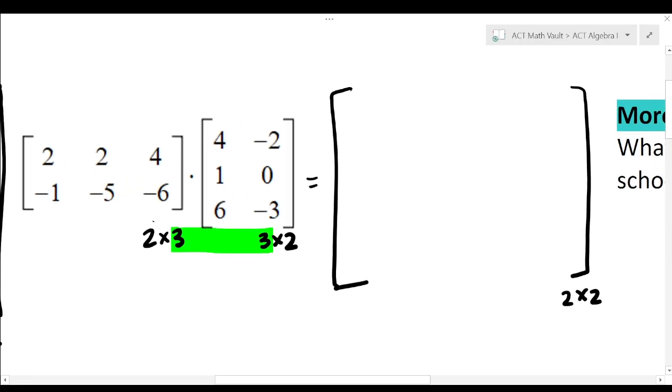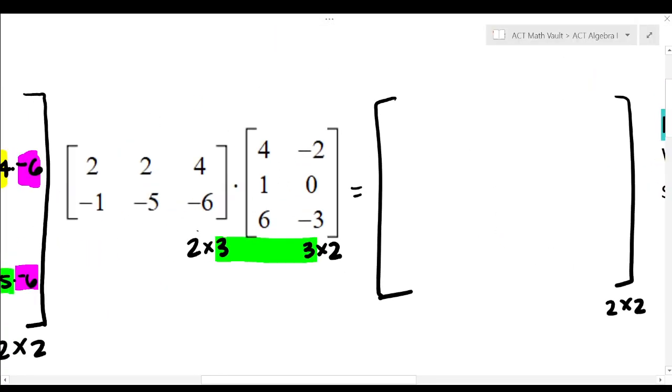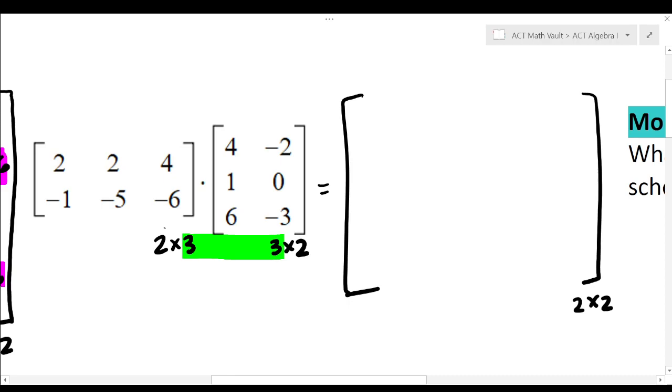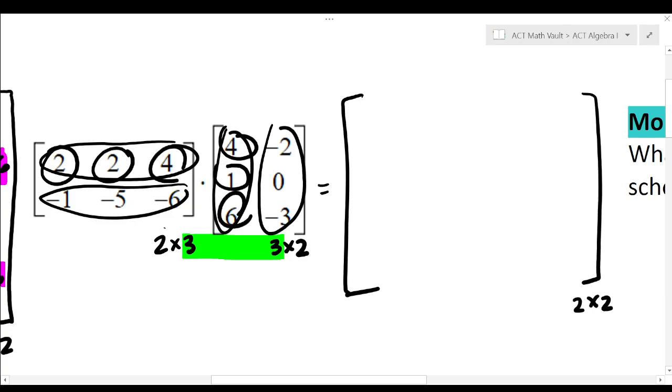All right. Maybe I'll do it with no color this time. So I know that I'm going to group everything in the first matrix horizontally and everything in the second matrix vertically. So here's how I get a 2x2. I need to do the firsts and then the seconds and then the thirds together of this top with the left.